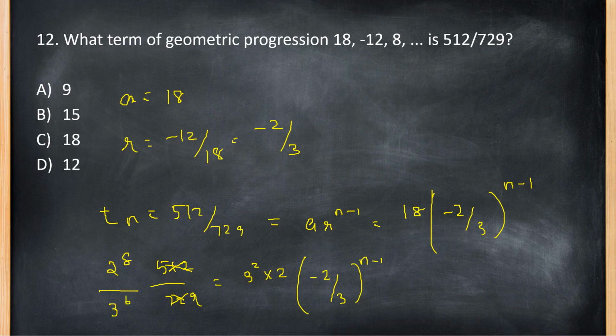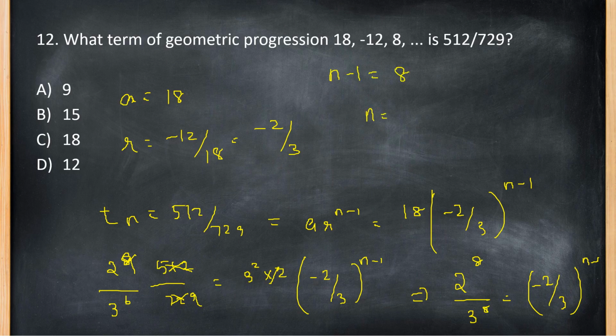Now you can cancel them out, because 2 power 9 over 3 power 6, when you cancel, this becomes 2 power 8 divided by 3 power 8, and that is (minus 2 by 3) the whole power n minus 1. So finally, n minus 1 is equal to 8. The value of n is 8 plus 1, which is 9.